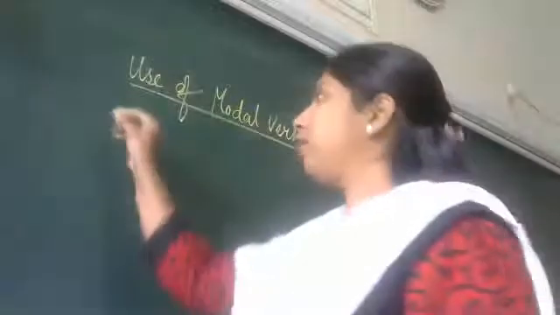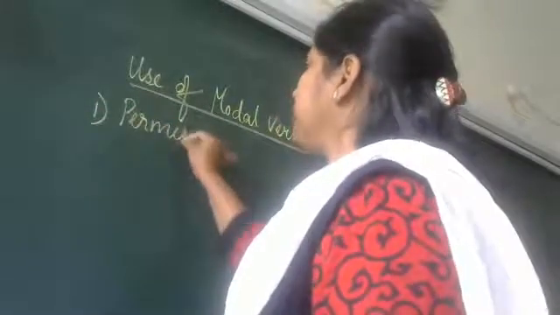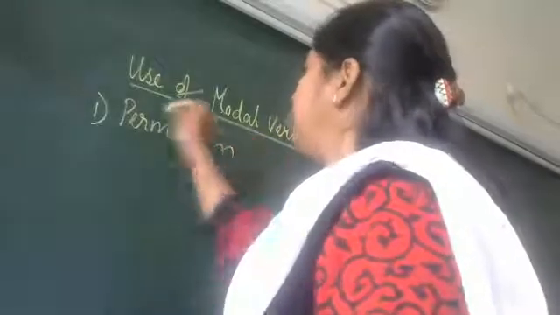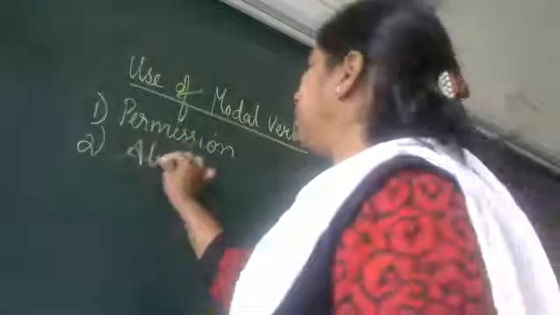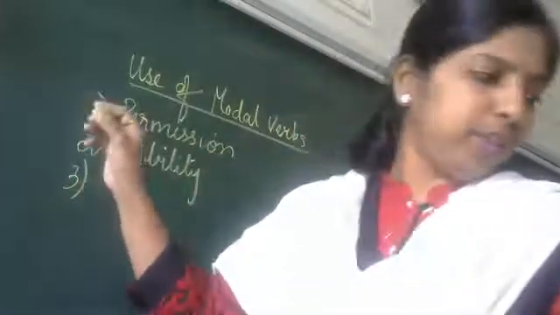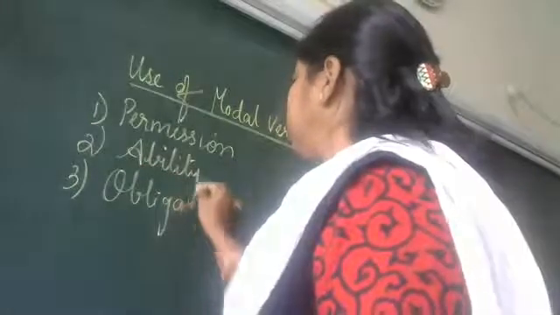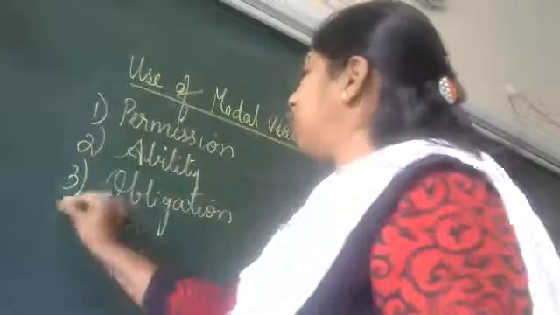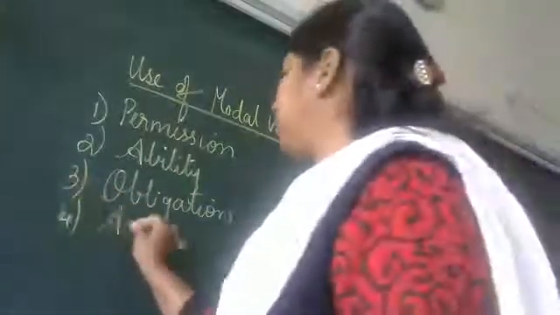The first one here is permission. I will just write down first and then explain to you. Second is ability. The third is obligation. Fourth is advice.